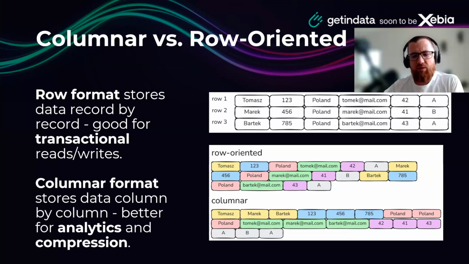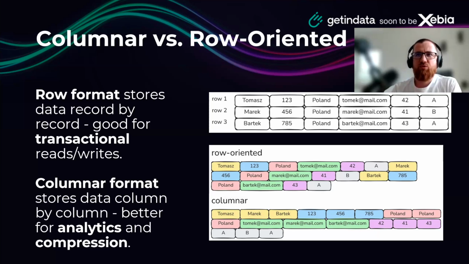When we talk about big data formats, it's also important to understand what columnar versus row-oriented formats are and how they differ. In the first image on this slide, you can see a standard row-oriented file format that could be, for example, a CSV file that we all know, a format in which the data is stored in the same order as the rows.